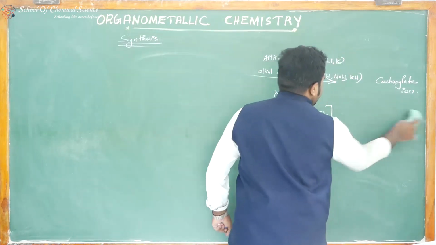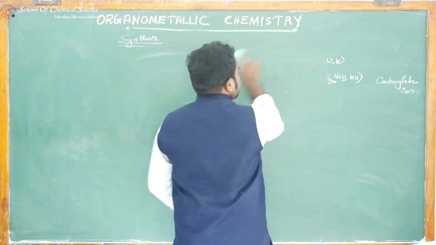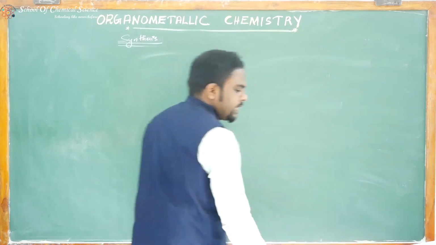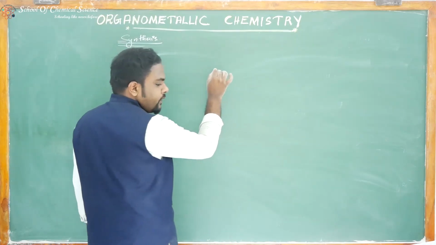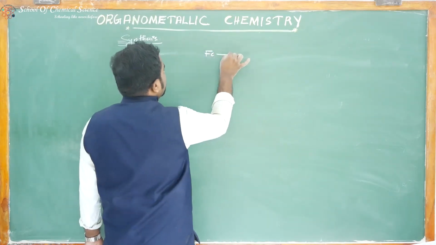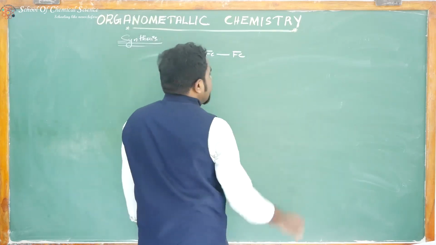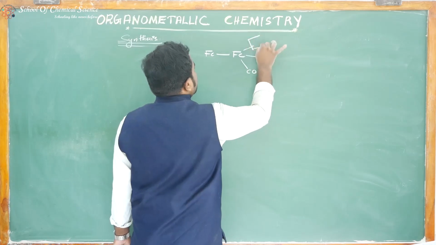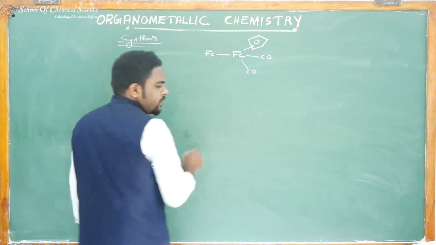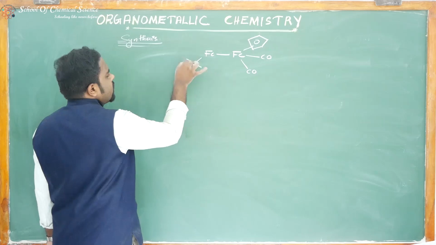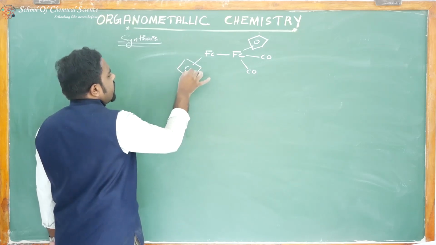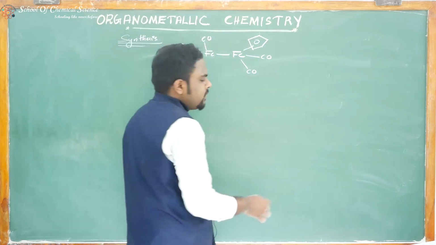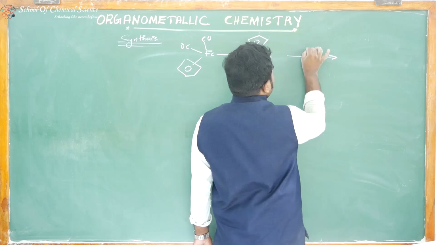All these are reduction methods. Reducing agent. Next one, Fe2 with Cp ligand, eta 5 Cp, and carbon monoxide, with sodium. You know sodium is a reducing agent.